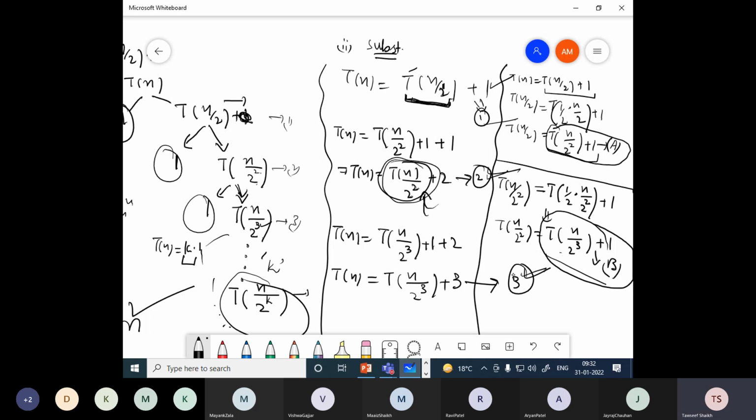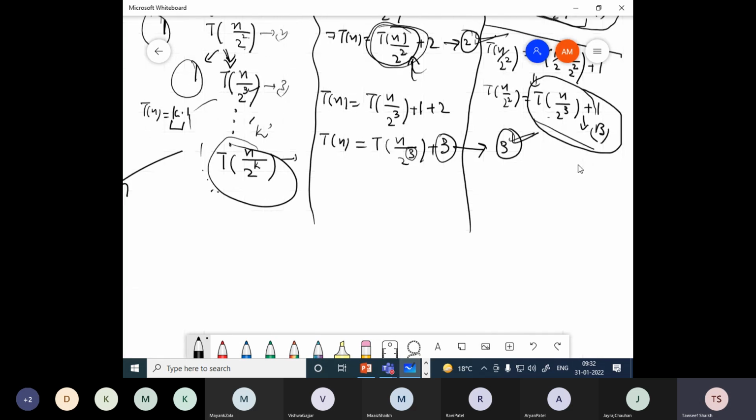When it is equation number 3, 2 is raised to the power 3 and that 3 is also added here. So we can show that if we keep going with the same logic and go for the kth equation, or kth instance, whatever you call it, T(n) will be equal to T(n/2^k) + k. That will be for the kth.